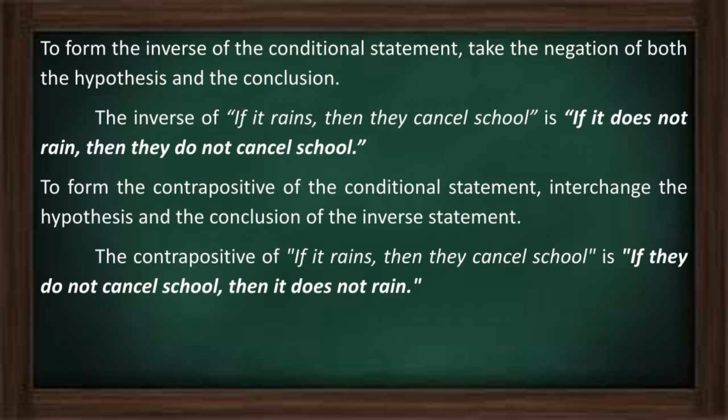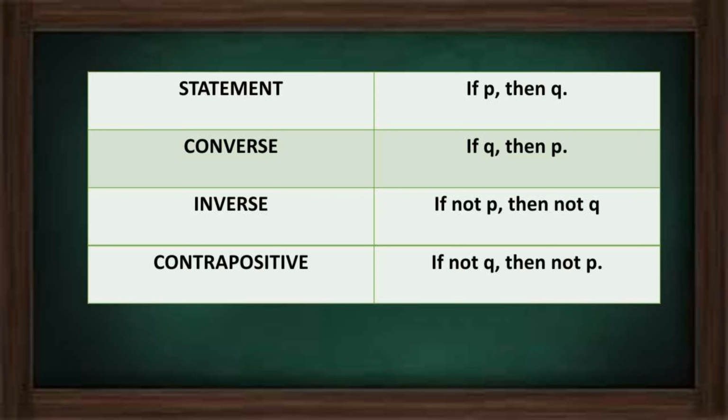The contrapositive of the given conditional statement is if they do not cancel school, then it does not rain. For you to better understand the concept of inverse, converse, and contrapositive in an if-then statement, I will show you a table that distinguishes the three related statements.